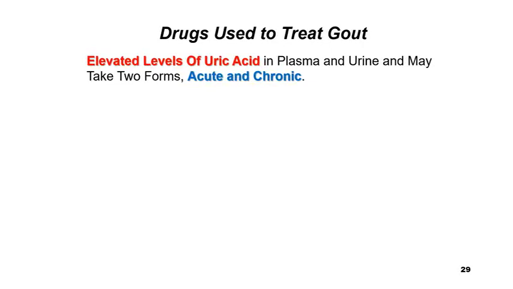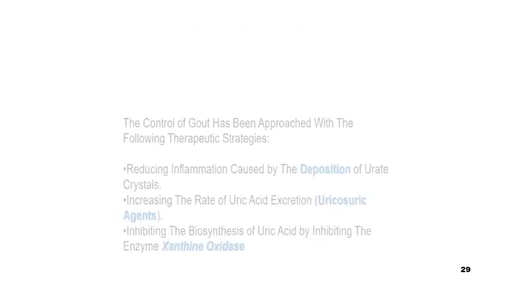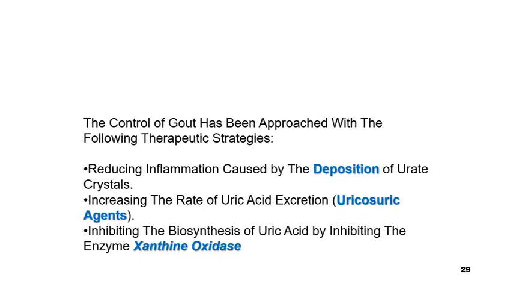After finishing the DMARDs, we are going to deal with drugs used to treat gout. Defining gout, it is a state where there is an elevation in levels of uric acid in plasma and in urine. It can be either acute or chronic disease, where we have to control the gout by different strategies.